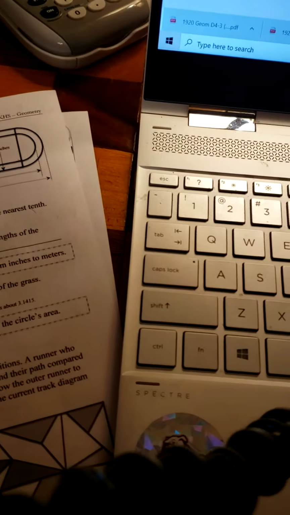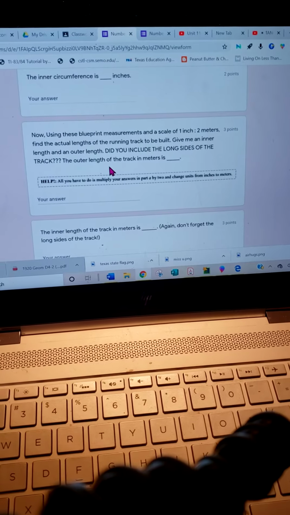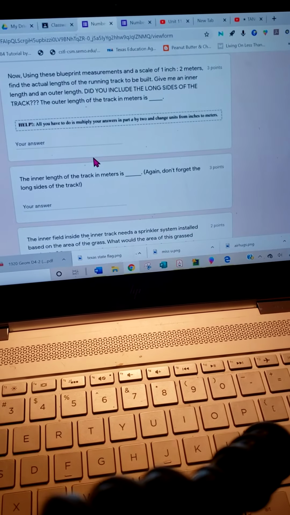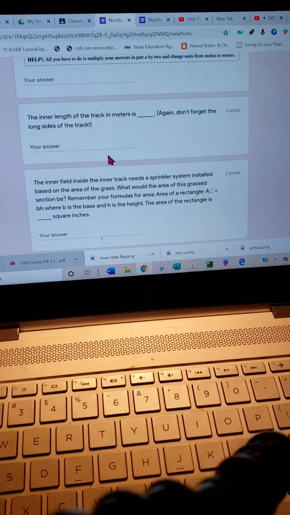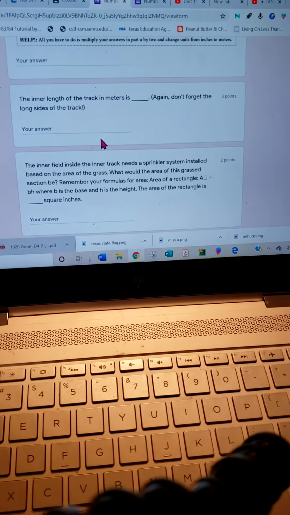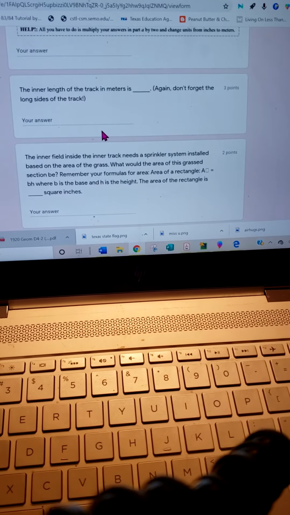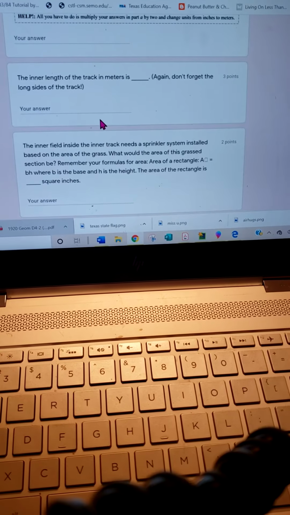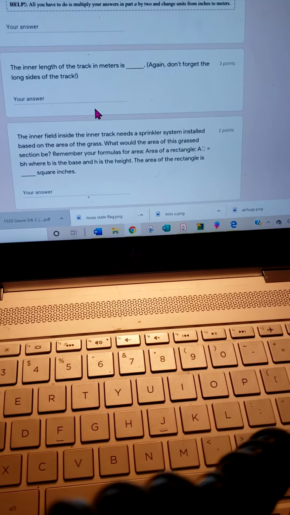All right, let me scroll down here again. So the outer length of the track, the inner length of the track, the inner field inside the inner track needs a sprinkler system installed. Boy, that doesn't sound right. Based on the area of the grass, what would the area of the grassed section be? Use your formula for area.